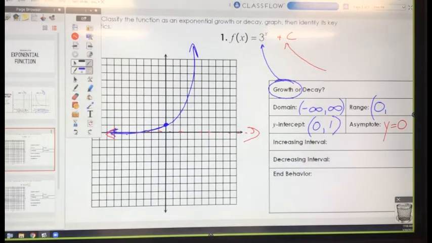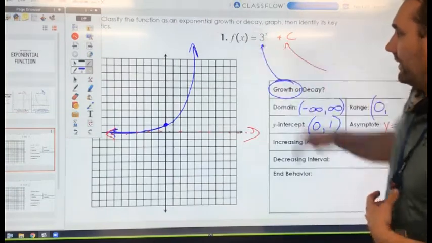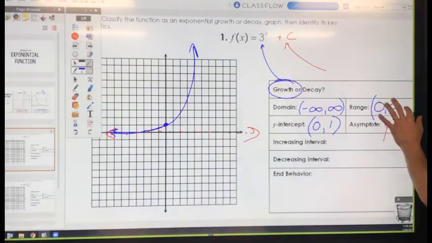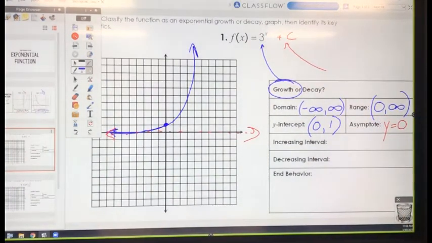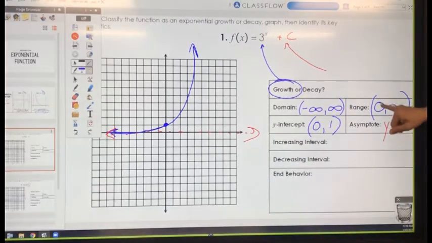I'm not going to equal that line. And then it's going from 0 to where? To infinity. Also note your range is going to be the exact same, except for the starting point, because of the asymptote. If the asymptote shifts up and down, it's going to affect this number here.